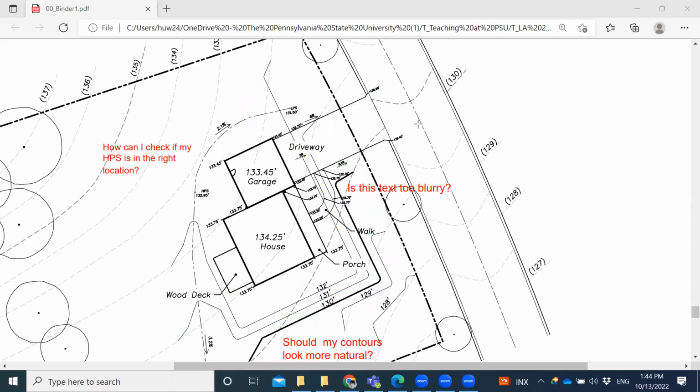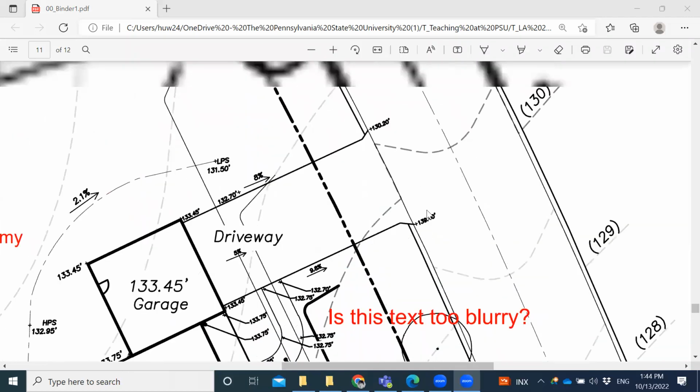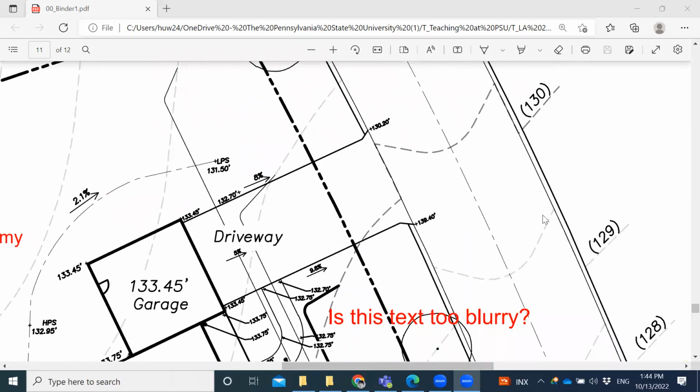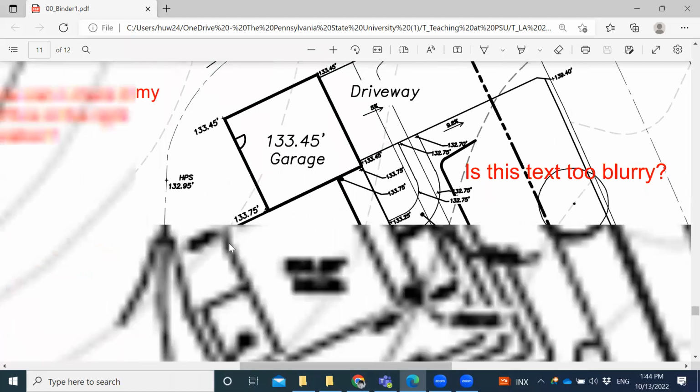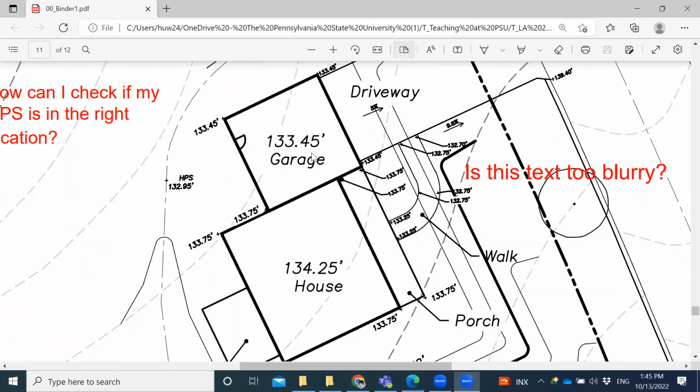And I need to zoom in to look at your driveway calculations. Okay, so that should be 129.40, okay? It looks like it's an error in typing. 122.35. Well, you could not have a spot here that is above your garage FFE. So that one should be the same as your garage FFE.